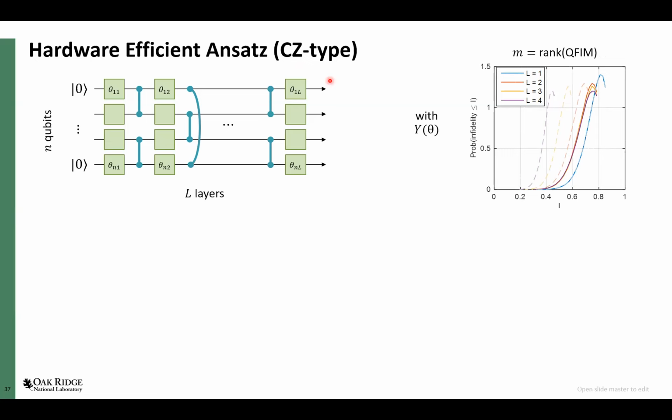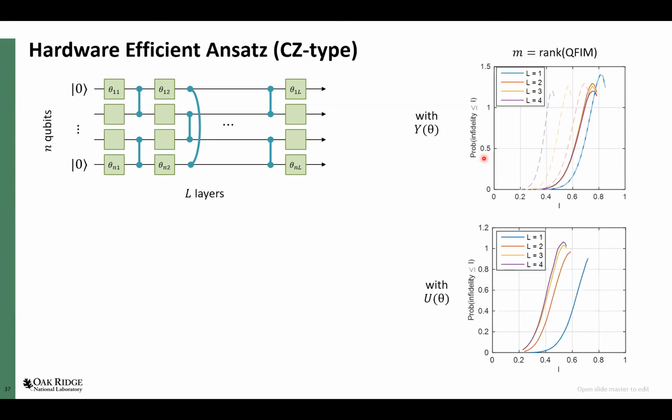If you compute the dimensionality of this manifold by looking at the quantum Fisher information matrix and taking its rank, what this shows is that once you get past 2 or 3 layers, your expressiveness is really not increasing at all. This ansatz saturates at just a few layers, and you're really not able to explore that much of the state space.